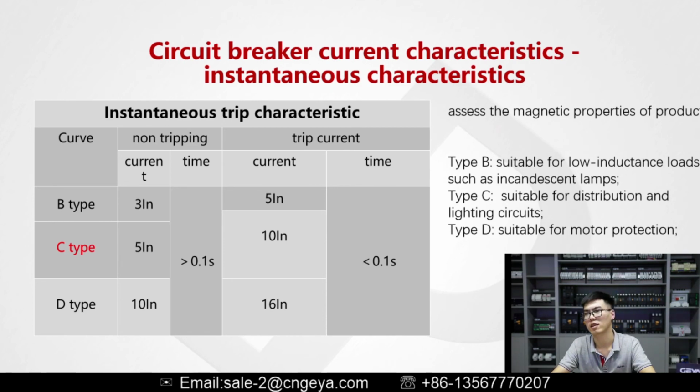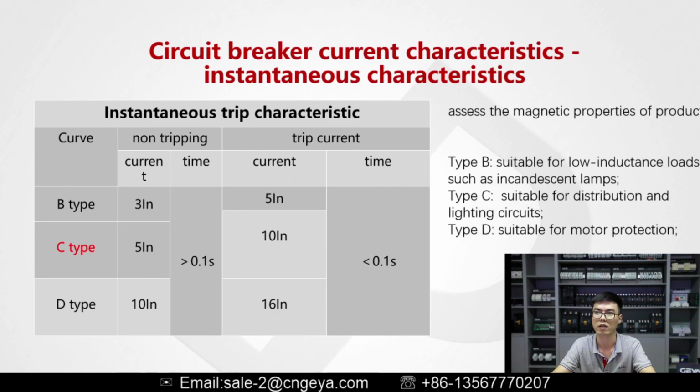Why do we divide them into B, C, D? It is mainly for their applications. Usually, type B is suitable for low inductance loads, such as incandescent lamps. Type C is suitable for distribution and lighting circuits. And type D is usually suitable for motor protection.